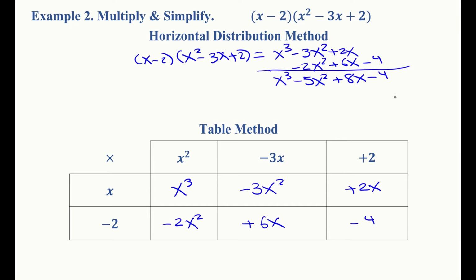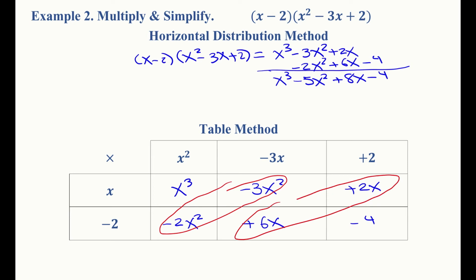Notice that our like terms are nicely grouped here. Those are 2 like terms, and here is another pair of like terms. So now we simply go ahead and write the outcome. So x cubed is just by itself, so it remains.